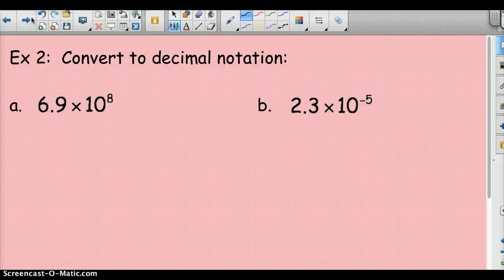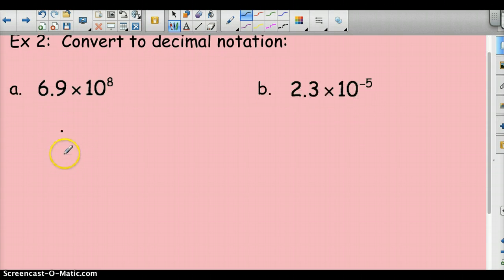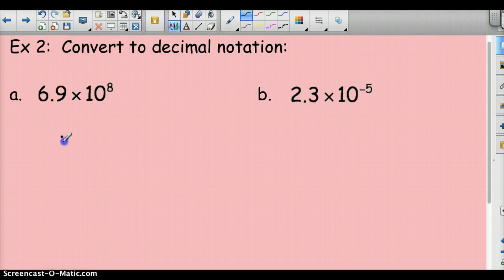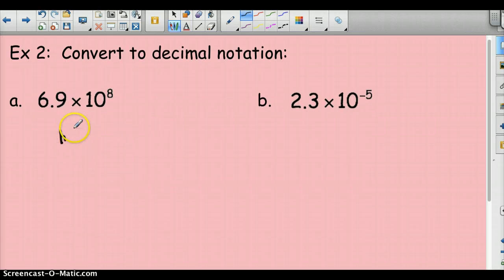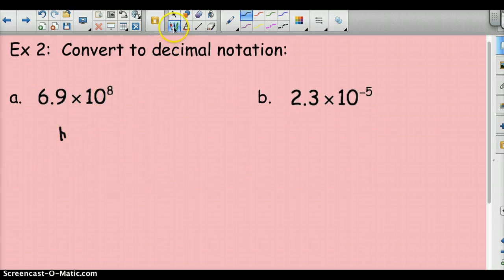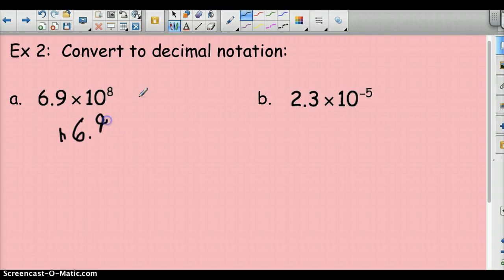All right, moving on to our next set of examples. Same idea. 6.9 times 10 to the 8th power. We start out with the number 6.9. We will then take that decimal point and move it 8 spots.